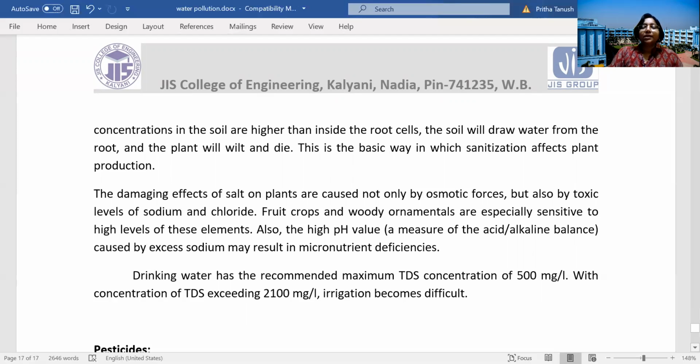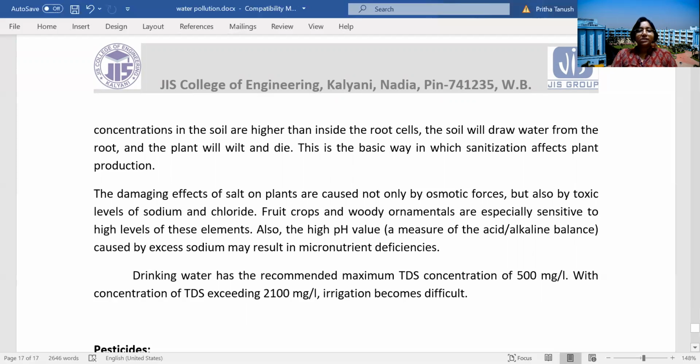TDS is total dissolved solids, and TSS is total suspended solids. So total solids equal TDS plus TSS. If the TDS value is less than 500 milligrams per liter, that is called fresh water.